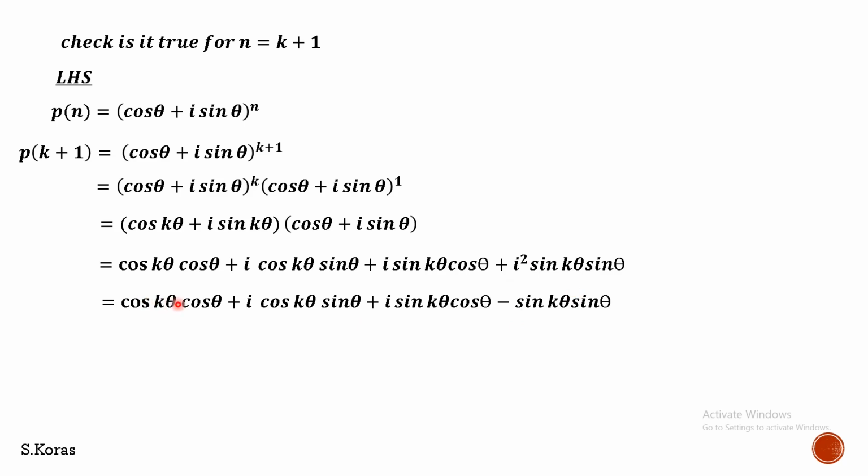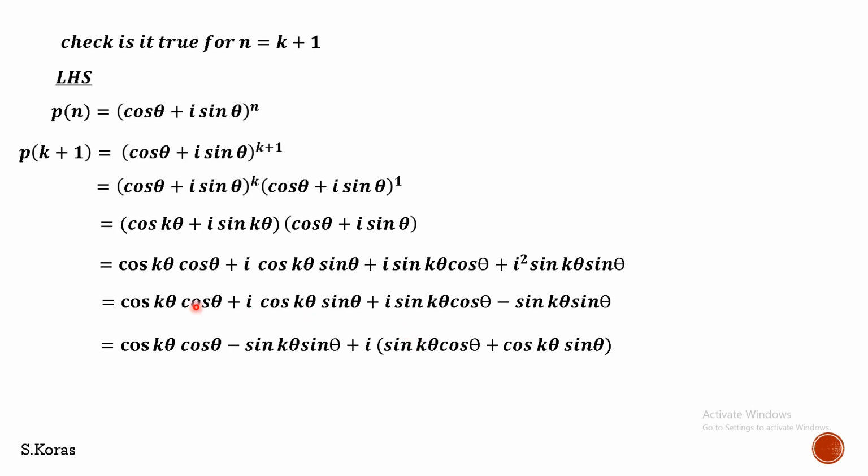This is the real part without i, and this is also real part. Let us collect these two together, and these two together, because these two are with i, these two are without i. So these two are our real part and these two are our imaginary part. Collecting real parts together and imaginary parts together, we'll get like this.